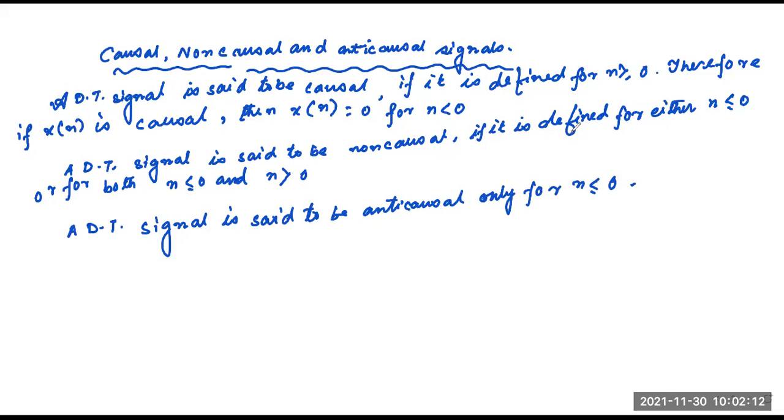Okay, so that is the summary of causal, non-causal and anti-causal signals.